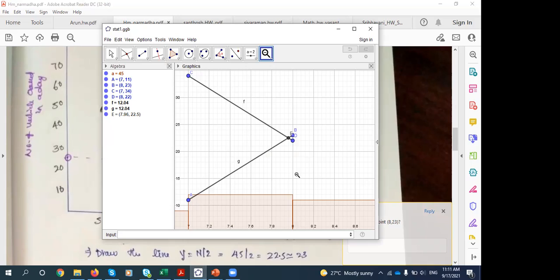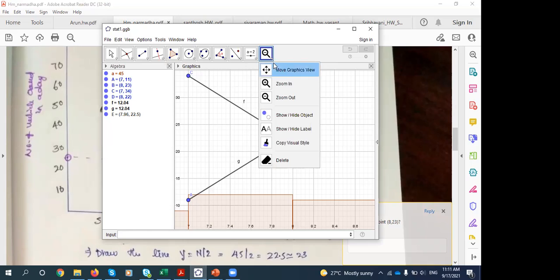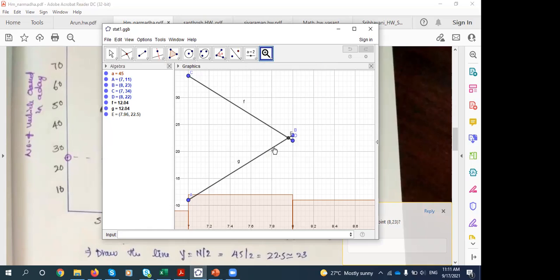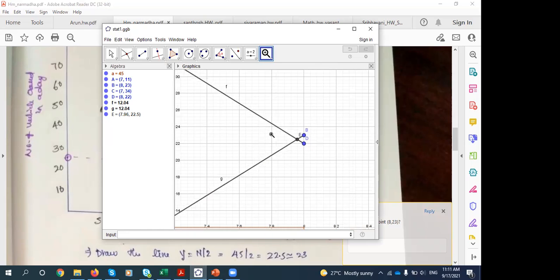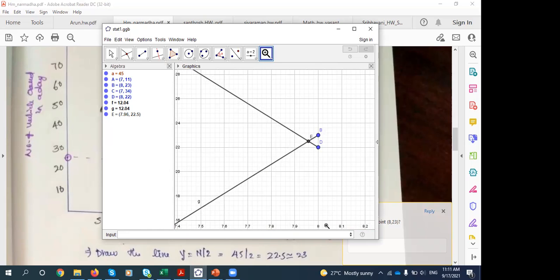Yes, the intersection is very close to 8. Okay, at the same time, it is not at 8. It's very, very close to 8. It's 7.945 something, probably. Yeah, it's not at 8.